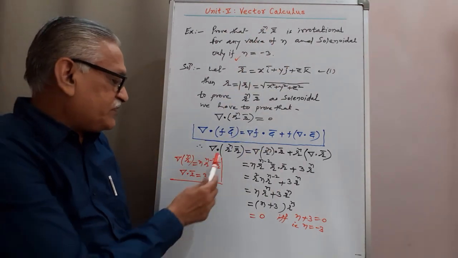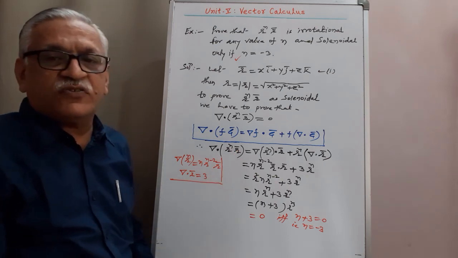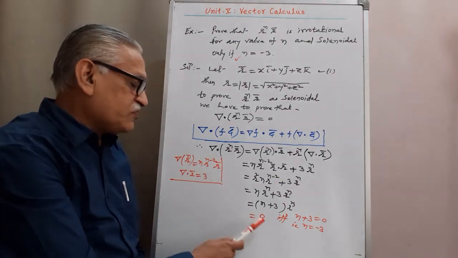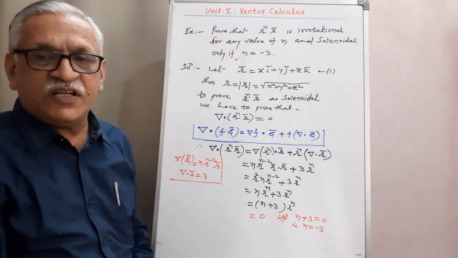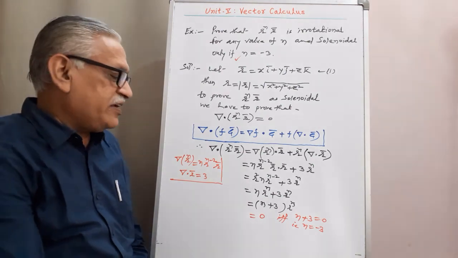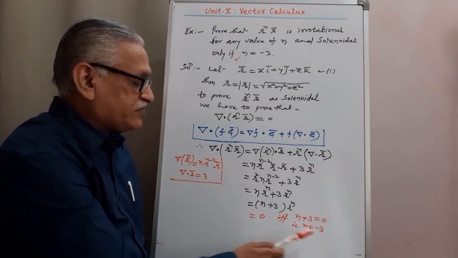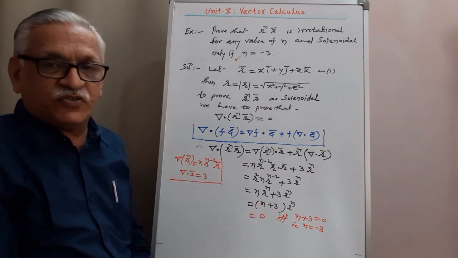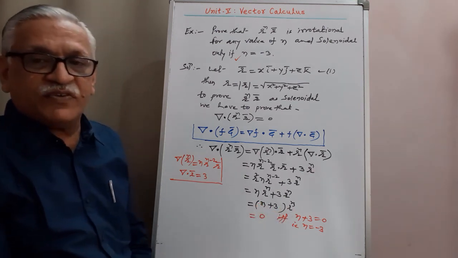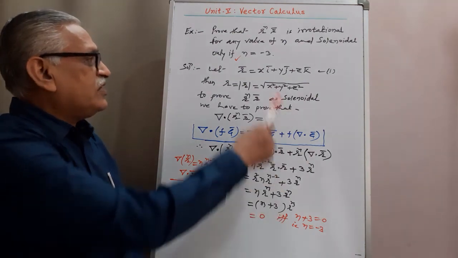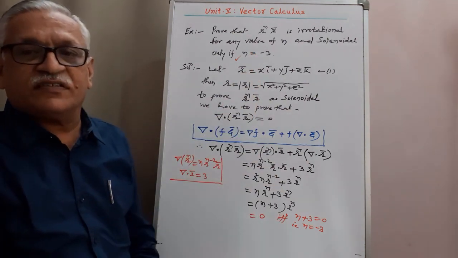The divergence of this product r raised to n into r bar is equal to 0, then it is said to be solenoidal, and here it is possible only if the value of n is equal to minus 3. Minus 3 plus 3 we get 0. 0 multiplied by any number we get 0, and therefore the required second result.